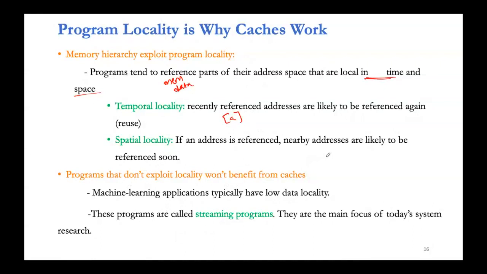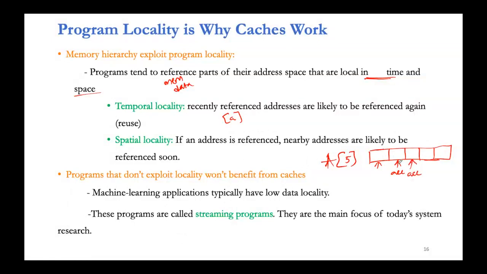In spatial locality, suppose I have an array of 5 elements, arranged in the array as 1, 2, 3, 4, and 5. When the first element is accessed, it will assume that the next element, which is closer to the first one, will also be accessed.